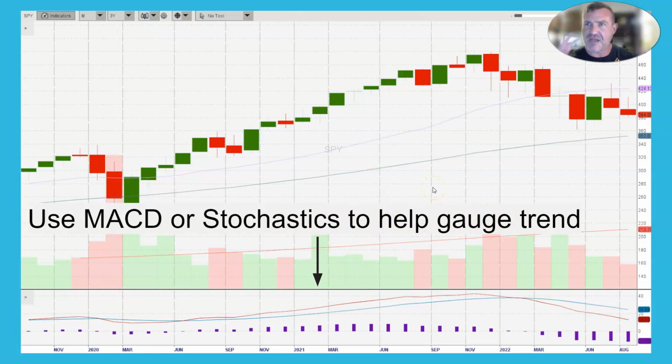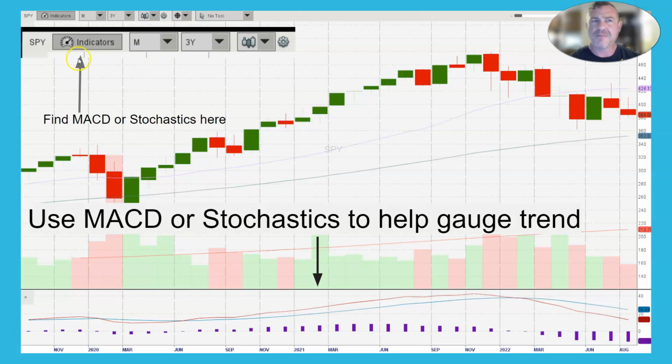So I want to see this bigger picture. With MACD, there are a couple other things you can set up, but just put something on there. Use stochastic, use MACD, get something going so you can take a look. Where do you find that? Same spot, or at least in Tastyworks.